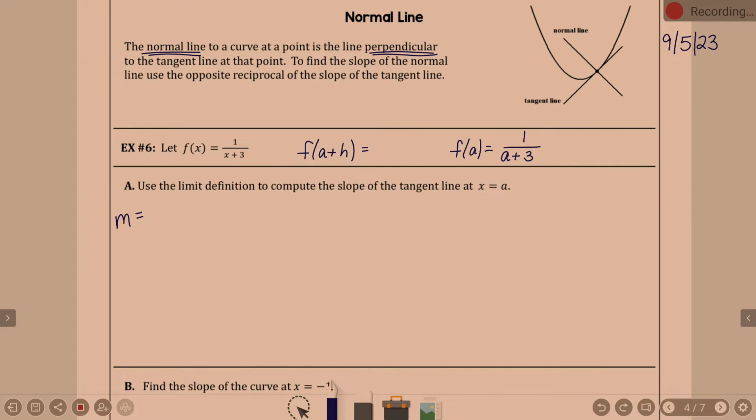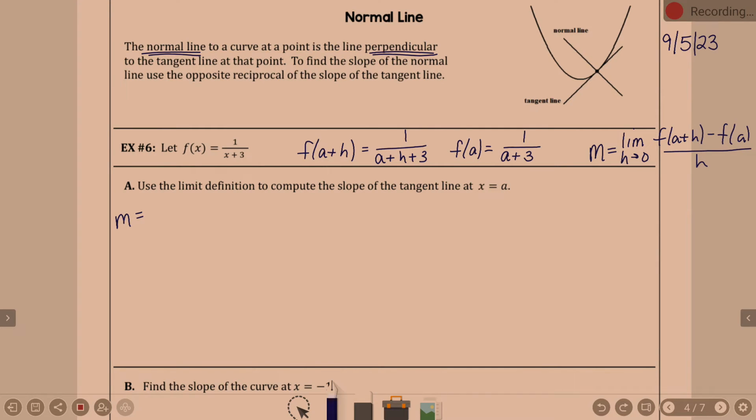What's f of a plus h? 1 over a plus h plus 3. Yes? Instead of 1 over x plus 3, it's 1 over a plus h plus 3. Are we good here? Okay, and then if you haven't flipped back, the definition we're using is the limit as h approaches 0 of f of a plus h minus f of a all over h.